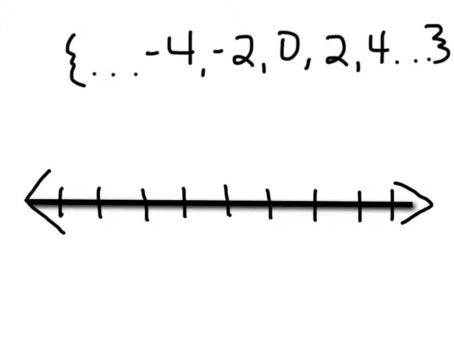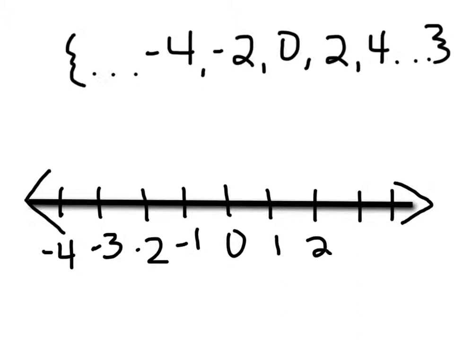So if we label this number line to include all the numbers that are in our list, and we mark with dots the numbers that are in our list, and then because we have an ellipses on the left, we need to make the left arrow bold or color over it with something colorful.